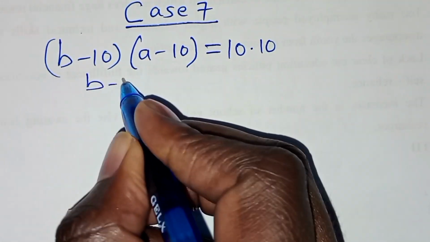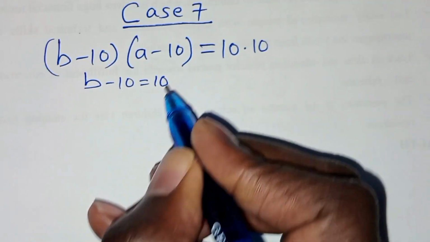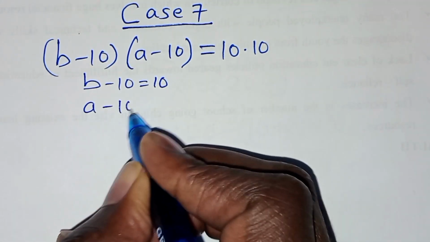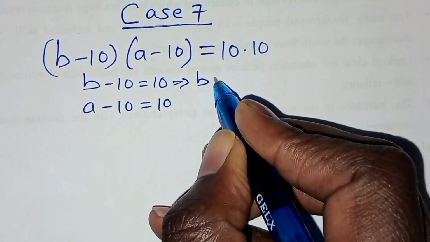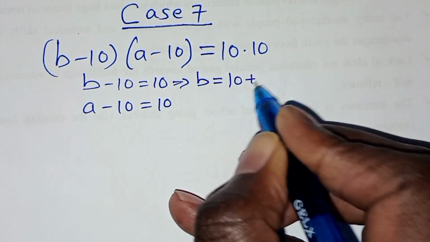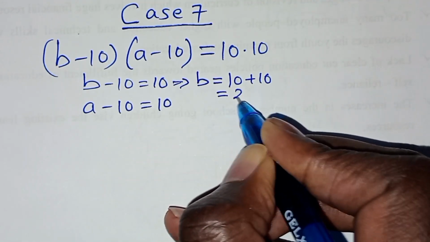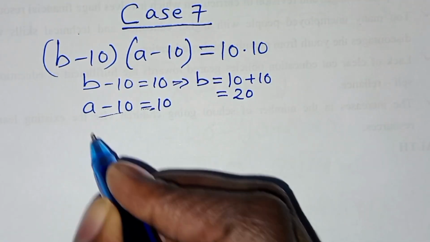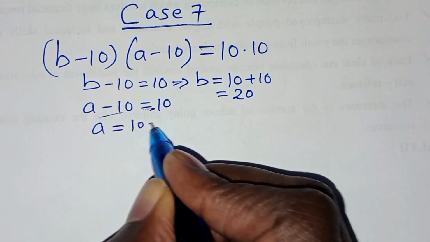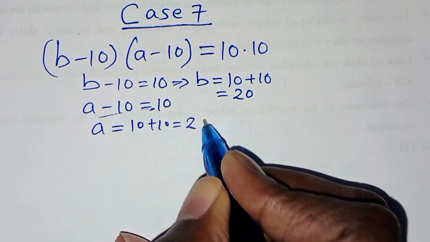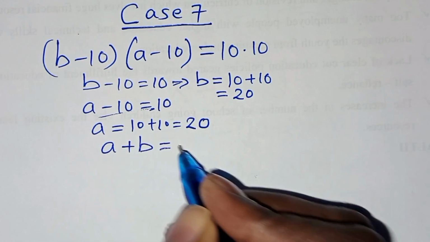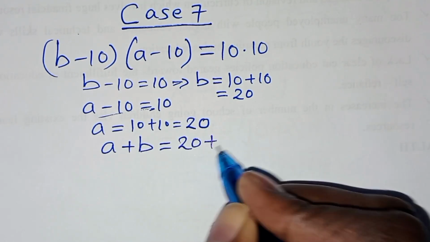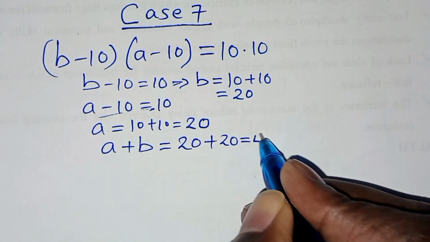So b minus 10 is equal to 10, and a minus 10 is equal to 10. And therefore here, b will be equal to 10 plus 10, which is equal to 20. For a here, a will be equal to 10 plus 10, which is equal to 20. So a plus b is equal to 20 plus 20, which is equal to 40.